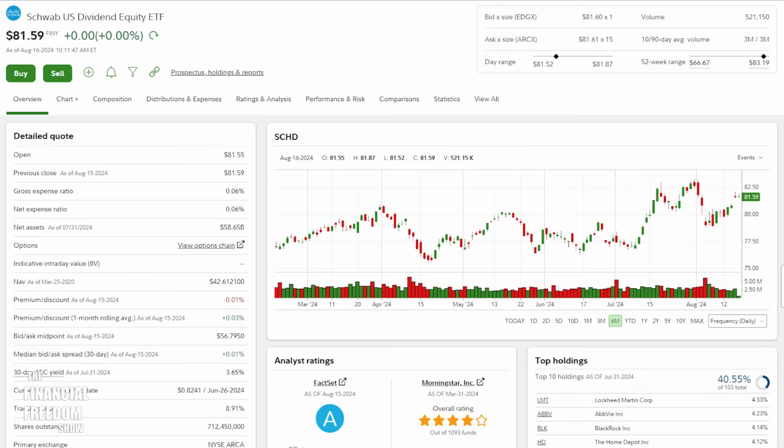Another reason to be optimistic about SCHD's prospects is the earnings quality and cash flow stability of its holdings. The companies within SCHD aren't just paying dividends, they're doing so out of solid, consistent earnings. In times of economic stress, companies with strong cash flow and stable earnings are more likely to maintain or even grow their dividends, which can provide a buffer against market volatility.